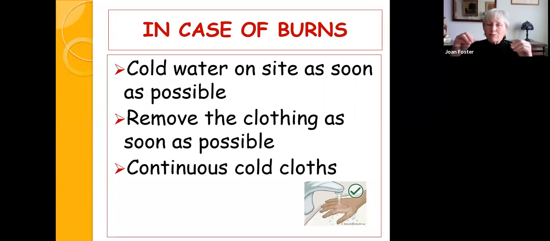It's like the burn is continuing on because of the clothes being boiling hot. So cold water to the site as soon as possible. And as I say, everything is dirty anyway. If you take a liter of milk and cool it down, you're doing that person such a favor.